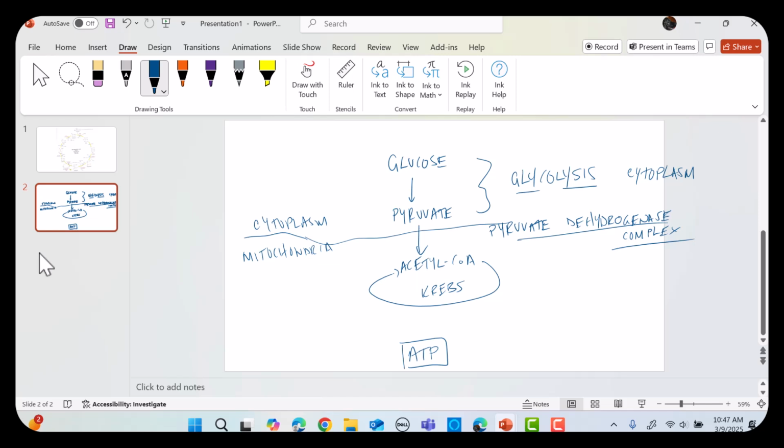And that's what we'll spend the majority of our time on in this video today, the Krebs cycle. What the Krebs cycle does is it makes you the stuff that makes ATP. And I'm saying that very casually on purpose because I think it sticks in your head better more casually.